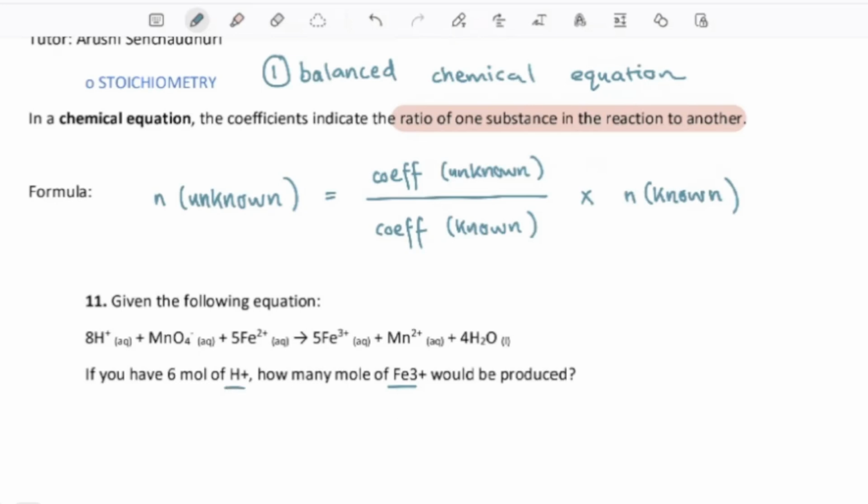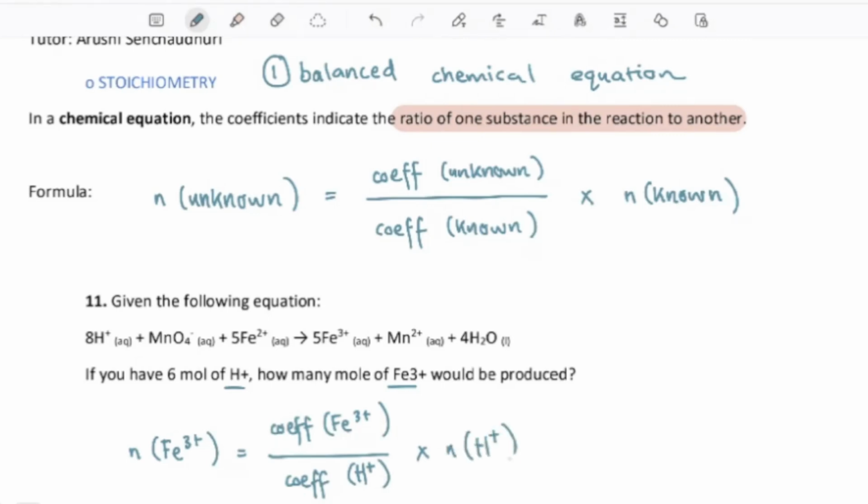So the moles of Fe3+, our unknown, is equal to the coefficient of our unknown, Fe3+, divided by the coefficient of our known, which is H+, multiplied by the moles of H+, our known.